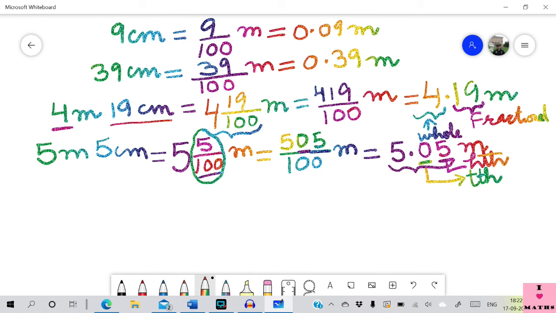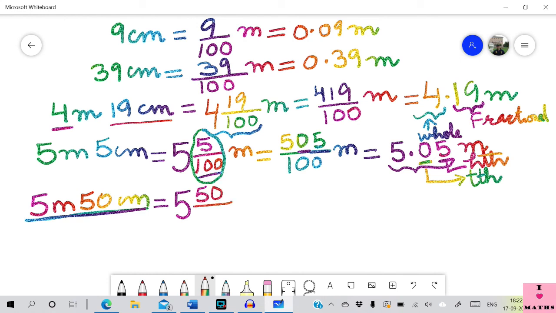Now children, if there is a rope with me which is 5 meters long and 50 centimeters additional. So this rope is 5 meters and 50 centimeters. So I can write it as 5 whole 50 out of 100 equal parts of a meter. 5 meter is whole, beta.